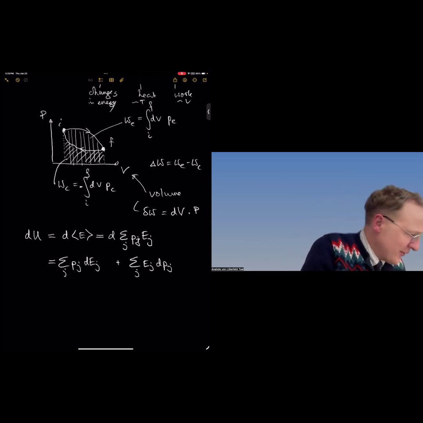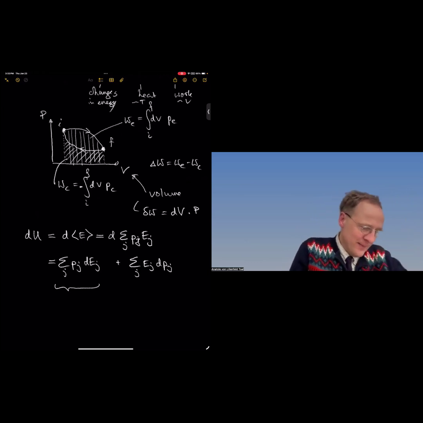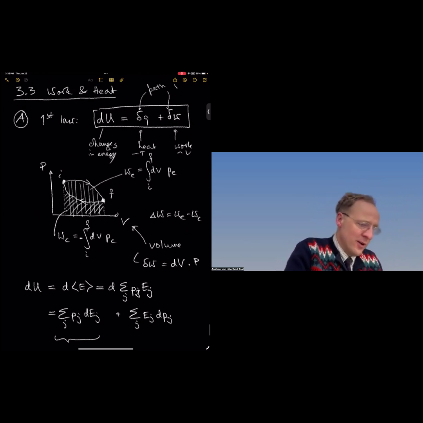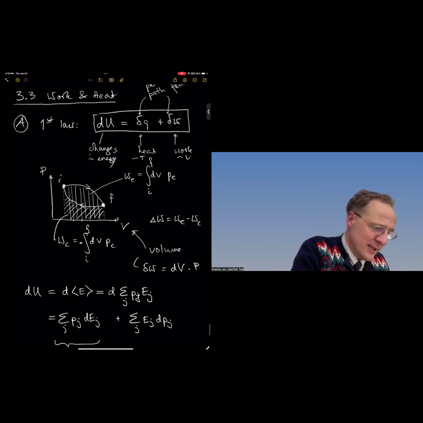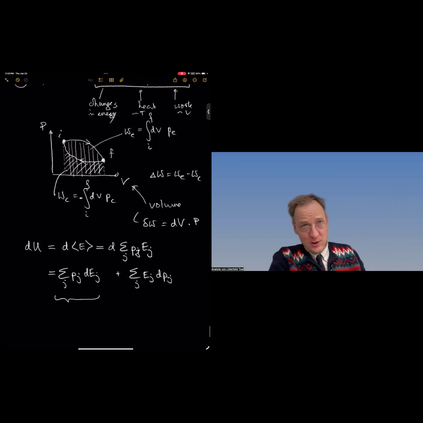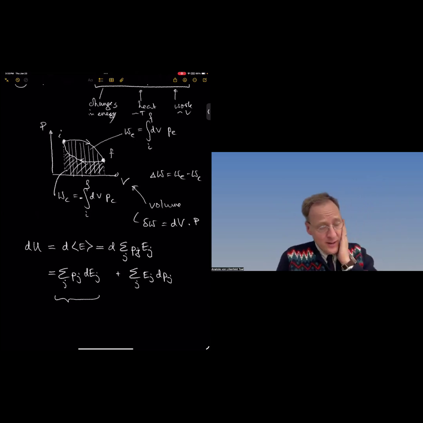But now let's look at this first term, right? And in particular, the differential of the energy. If you remember, our dU should be consisting of two terms, and the question is now, which of these terms is the heat-related one and which one is the volume-related one, right?